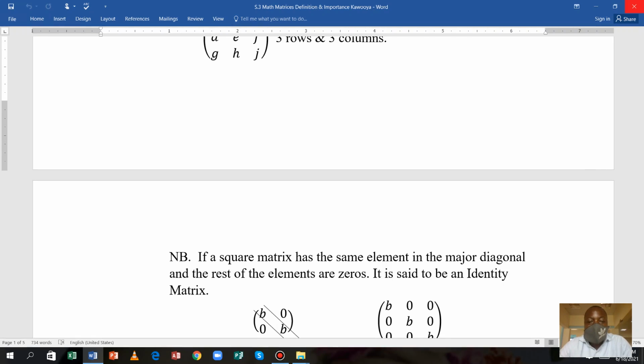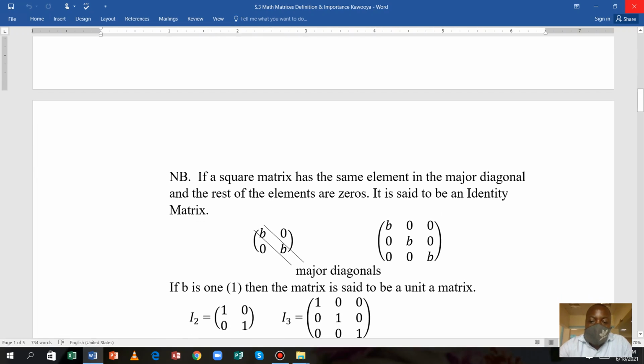As long as the columns are equal to the rows, then it is referred to as a square matrix. We have a special case of a square matrix where we have the same element in the leading diagonal, but the rest of the members are zeros. Such a matrix is said to be identical, or we can say it is an identity matrix.